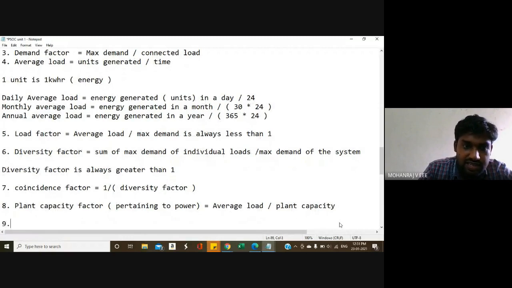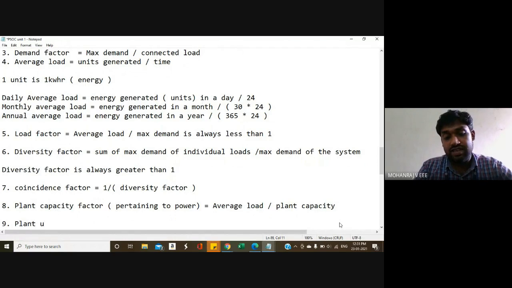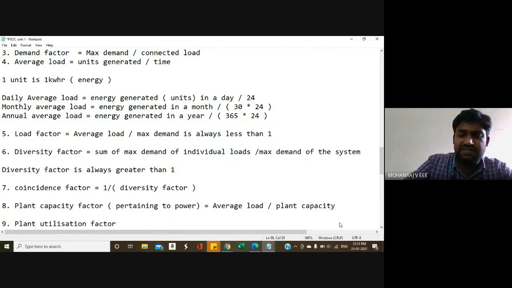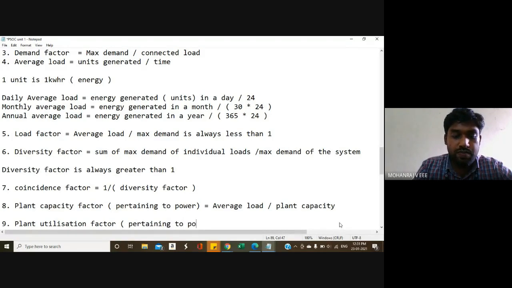Then the next term, plant utilization factor. What is plant utilization factor? That is also related to power.